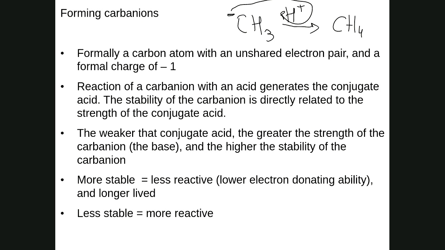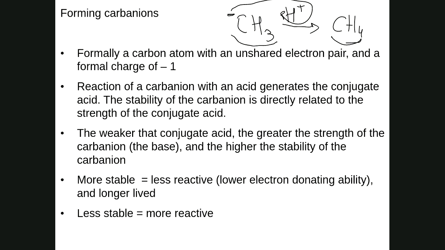So now, the weaker this conjugate acid is, the stronger the conjugate base, the carbanion, is. And the stronger the acid it comes from, the more stable it's going to be.